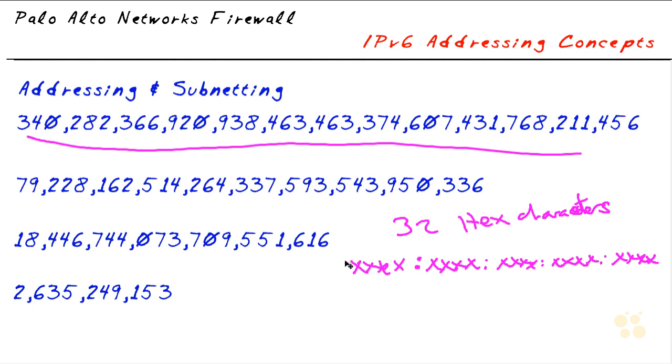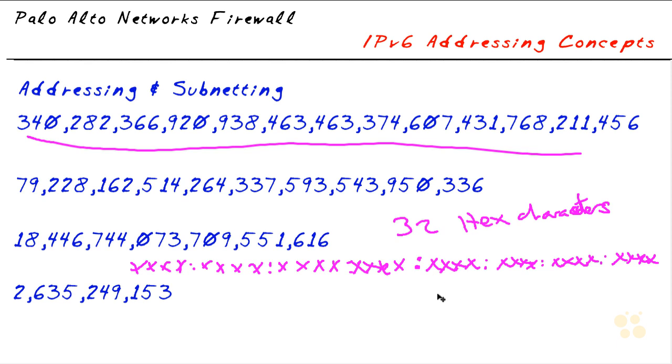So that's what, 5, 6, 7, and 8. All right. So that's going to be an IPv6 address. It's going to be about that long, that many characters anyway. So 32 characters long with colons in the middle.